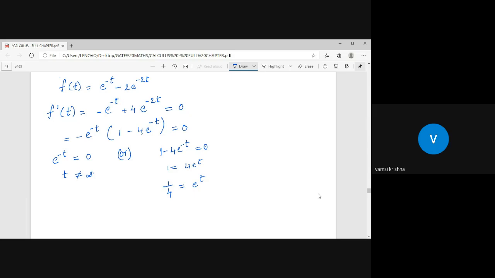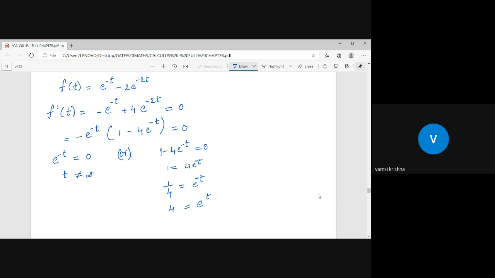So log 1 by 4 to the base e, what we can do, this is e power minus t. Yes, this is e power minus t. Let us reciprocate. Sir, if you want to make e power minus t as e power plus t, your 1 by 4 becomes 4 by 1.